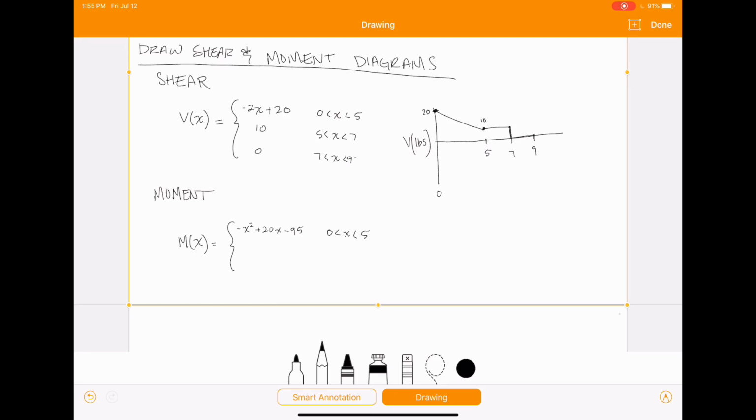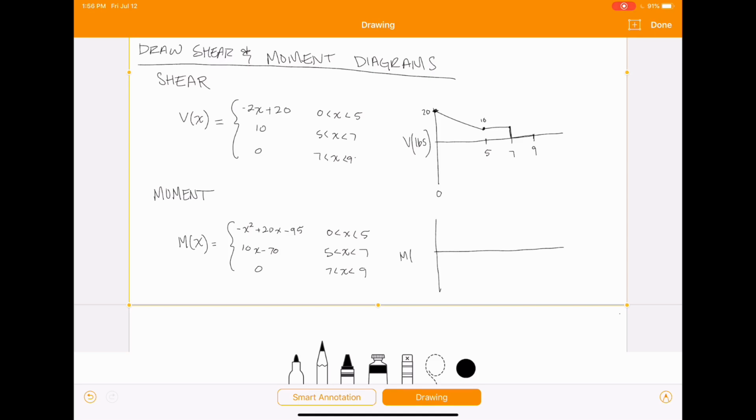Then we're going to have 10x minus 70 between 5 and 7, and 0 between 7 and 9. Then we just come over and we graph that piecewise function.